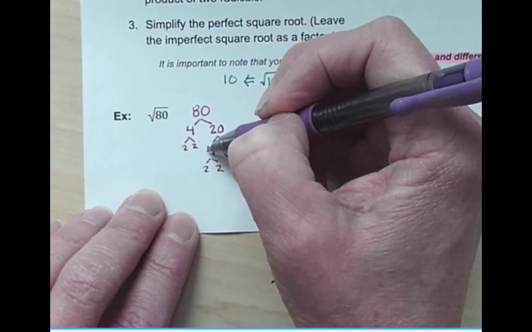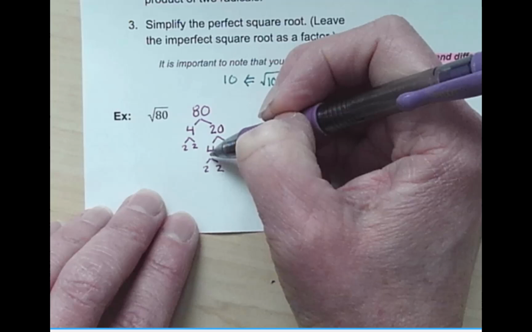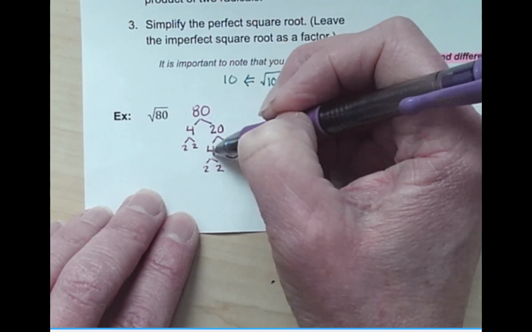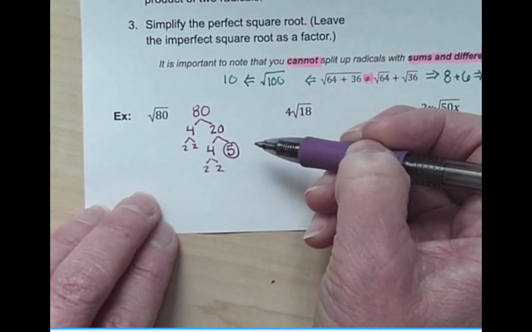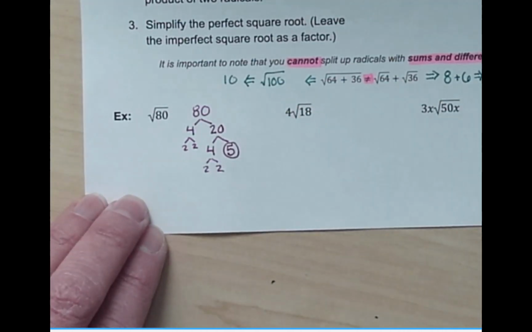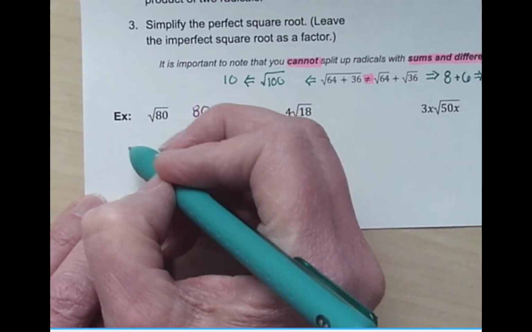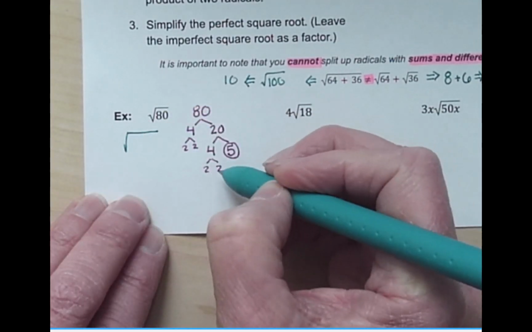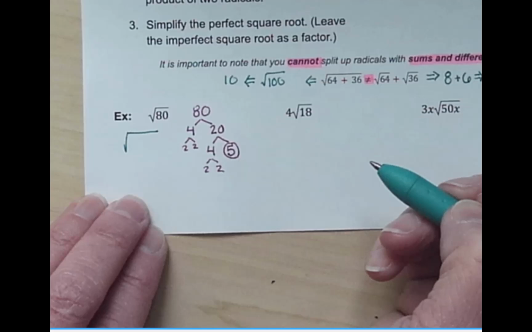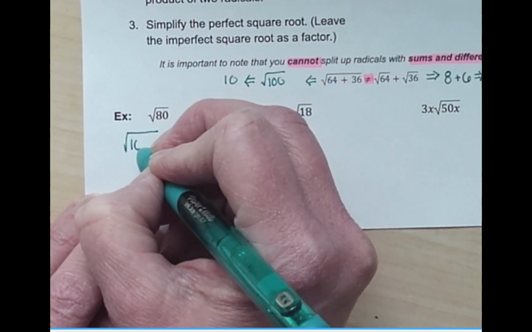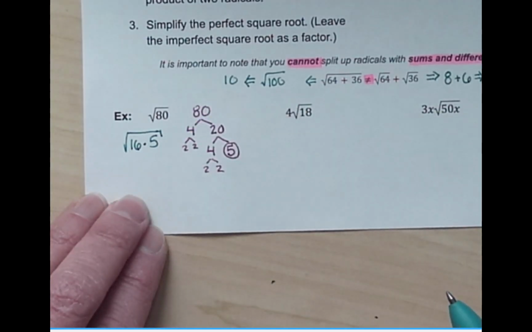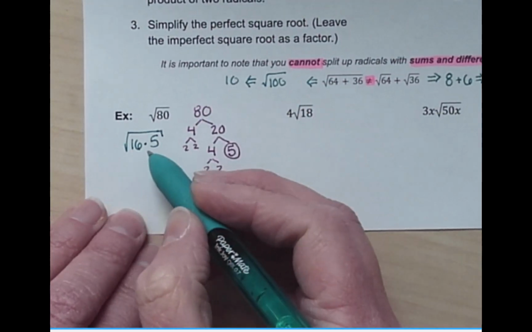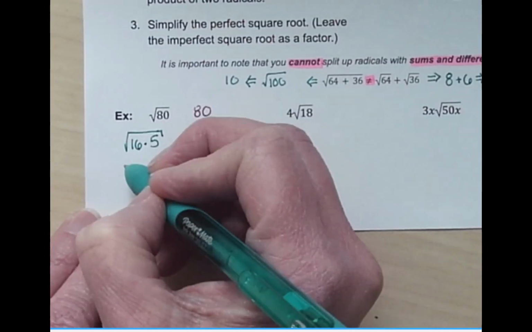So 4 times 4 is 16. So I bet 16 times 5 is 80. And that's going to be the biggest perfect square factor that I can get out of this 80. And I could have done 2 times 2 times 2 times 2, still would have wound up with 16. 16 times 5 is still 80. I've not changed the value, I've just changed what it looks like and broken it into factors.